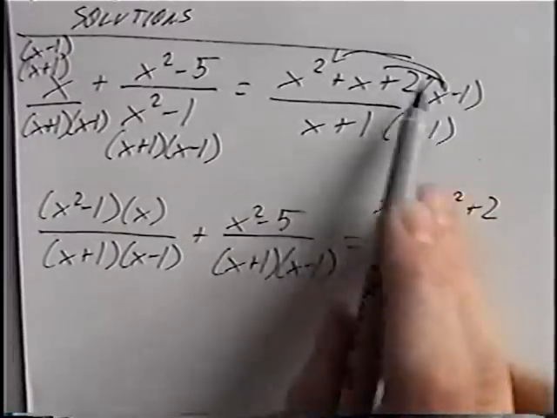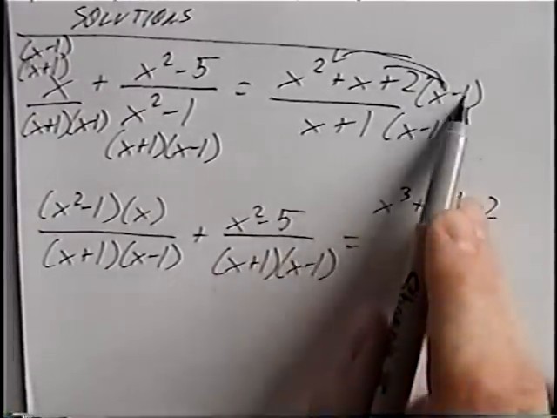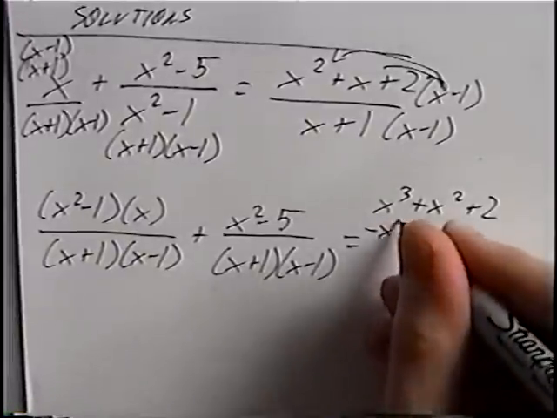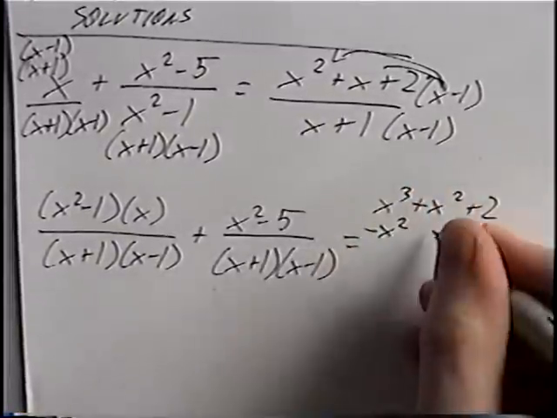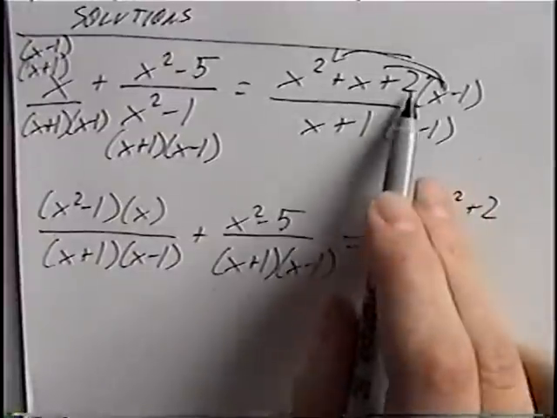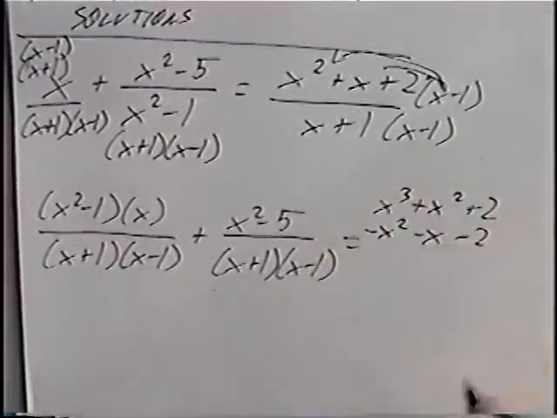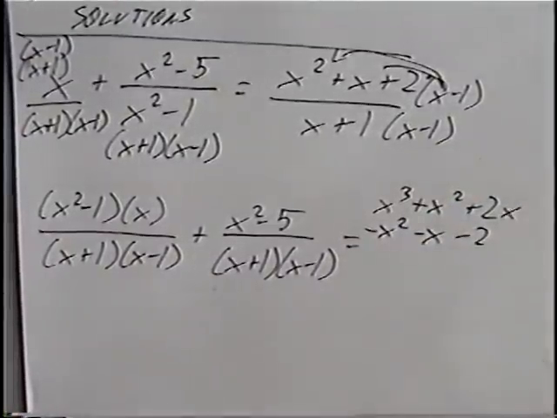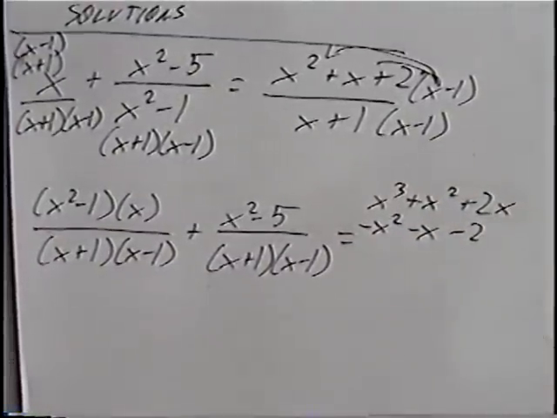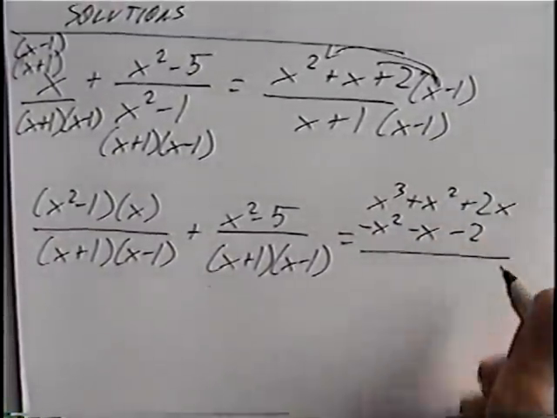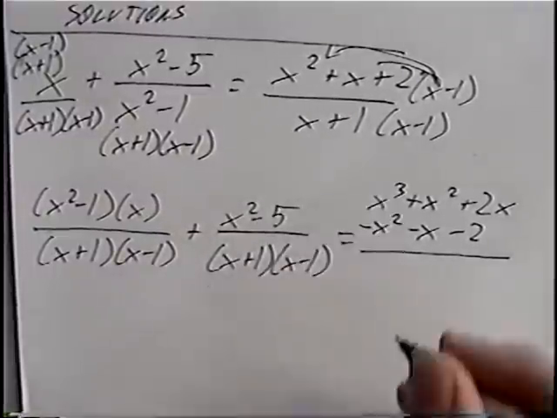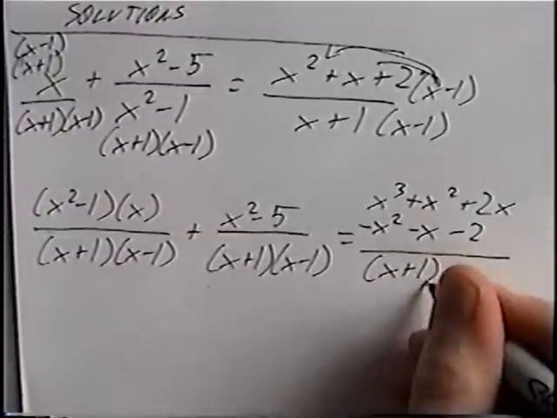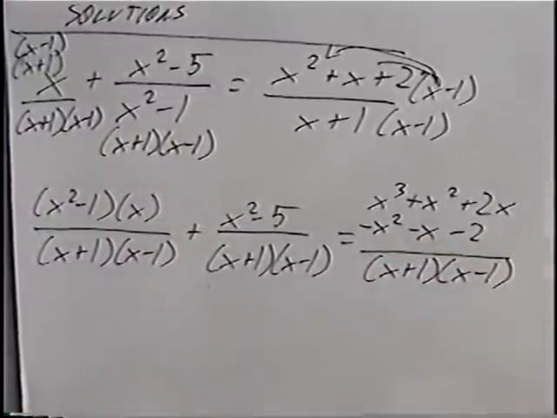We'll also have negative 1 times each of these three terms, so that would be a negative x squared, a negative x, and negative 2. This 2 up here is actually 2 times x, so that should be 2x. That's the numerator, so the denominator again should be x plus 1, x minus 1.